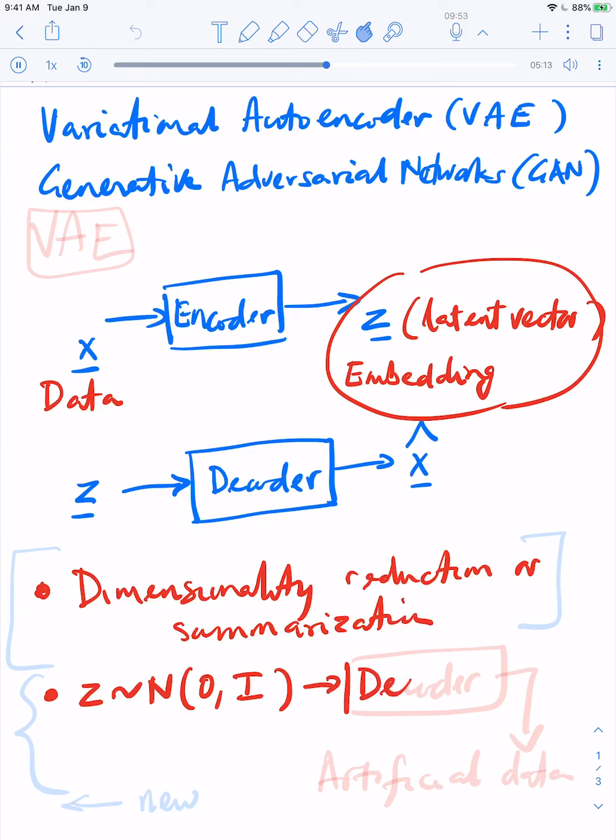Then I can feed these randomly generated vectors to the decoder to get artificial data, right? And how well I design the encoder and decoder will determine how realistic this artificial data looks. And how good my dimensionality reduction or summarization is would again be determined by how well these things are designed, but also what my downstream tasks are.